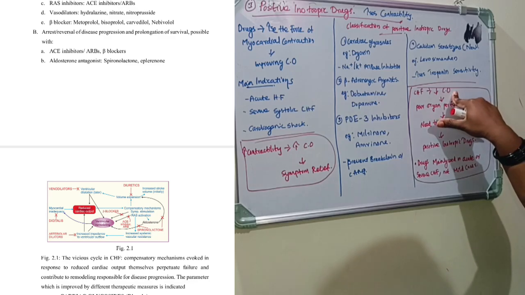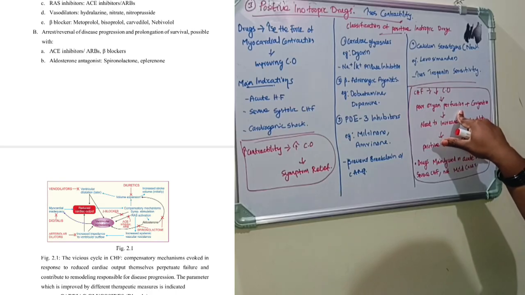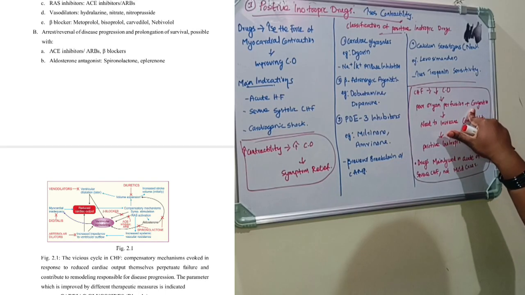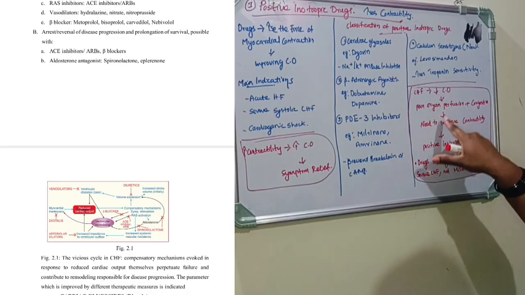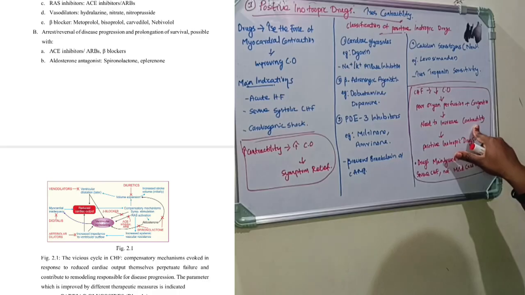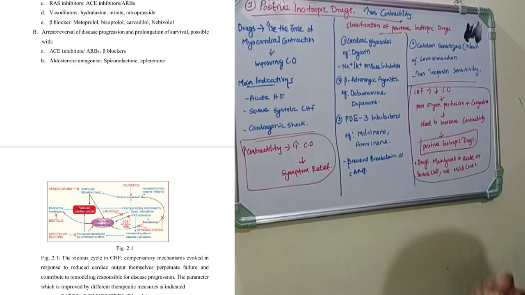If the cardiac output decreases, we get poor organ perfusion, meaning the blood won't be supplied to the body parts as much as required, and we will feel congestion. That leads to the need to increase the contractility, so we use positive inotropic drugs.